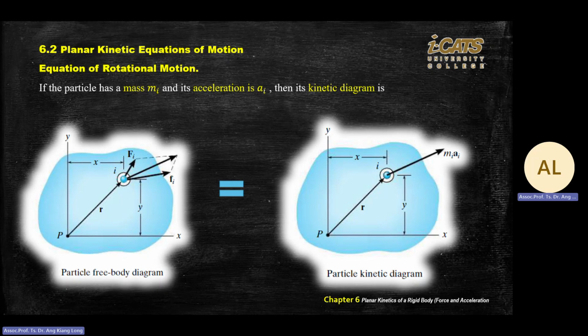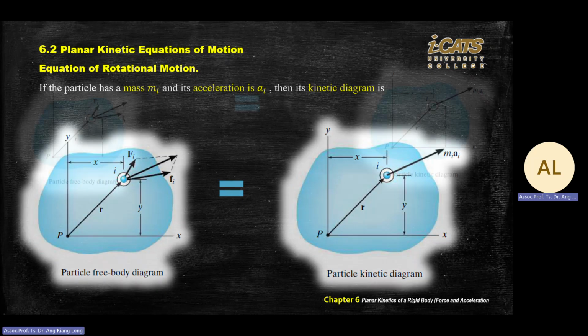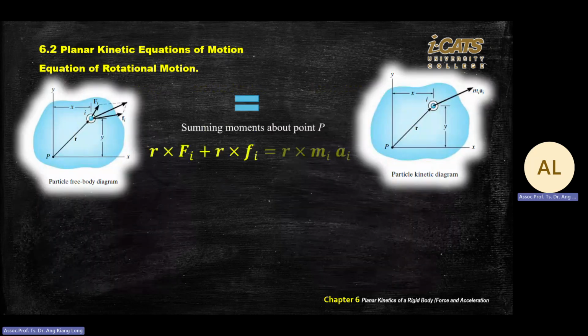On the right-hand side, you're focusing on the vector of the acceleration. You draw the direction of the acceleration, and you can split into x and y also. So this is just for info, because there are too many equations, right?